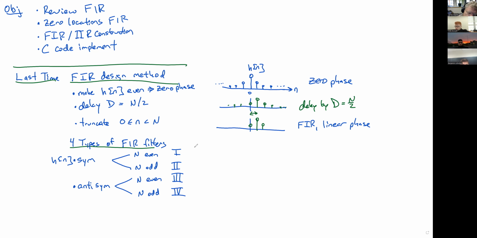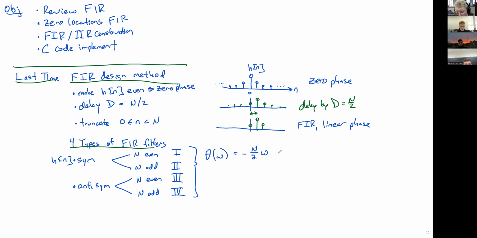And for all of these things, we have a phase function that is going to be linear phase, which means it's going to be decreasing with n over 2.